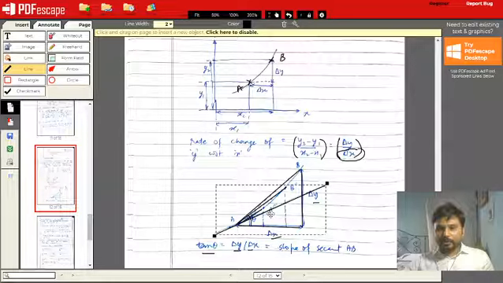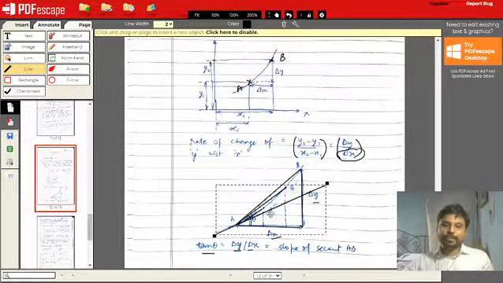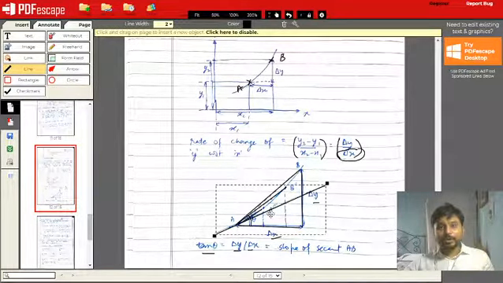So the slope of the earlier line AB shows the average rate of change. The slope of this new line will show the instantaneous rate of change of y with respect to x. And this is what we are looking for. This is called differentiation.